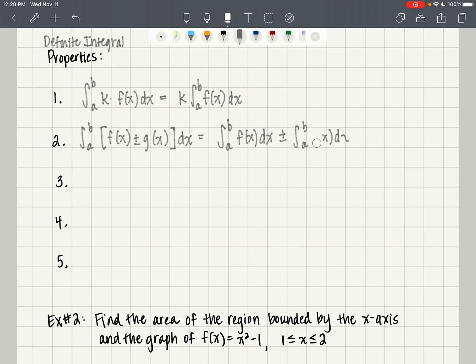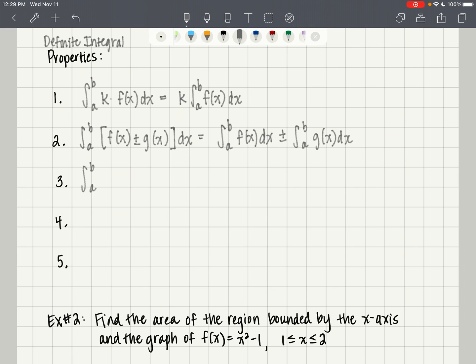That's a g of x. Now some of these, number 3, number 4, and maybe even number 5, are not typically used every time we evaluate definite integrals, but knowing them is really important.